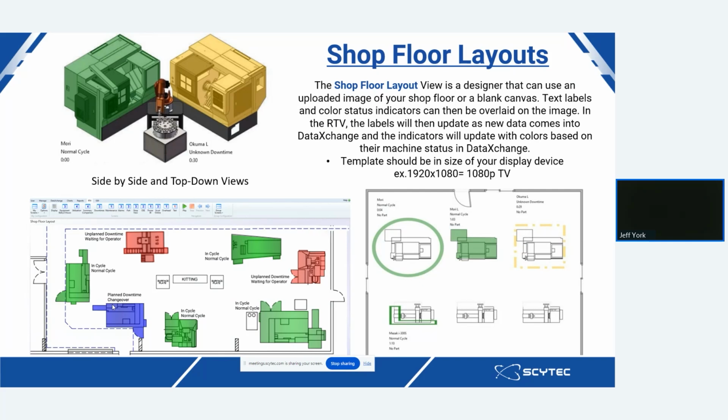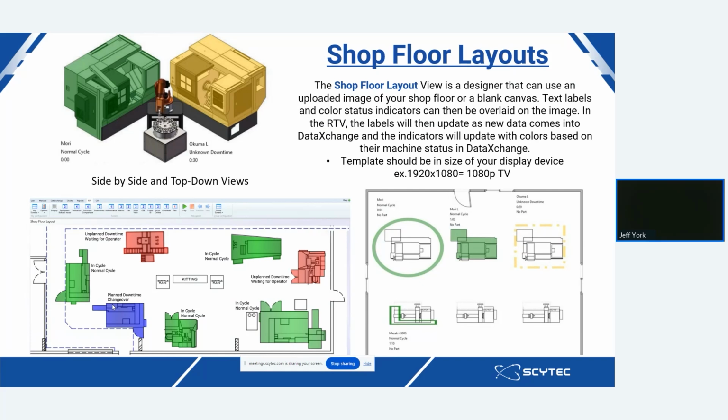That is the side-by-side view. Right below that is what we recommend here, the best viewing option for the shop floor layout, which is a top-down view of your shop floor. And you can see all of the different machine statuses, including unplanned downtimes, planned downtimes, in cycle, etc., for the machines.